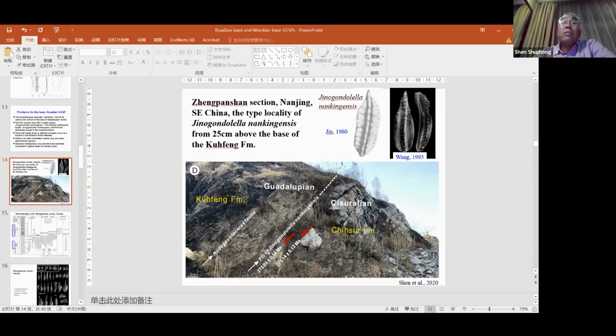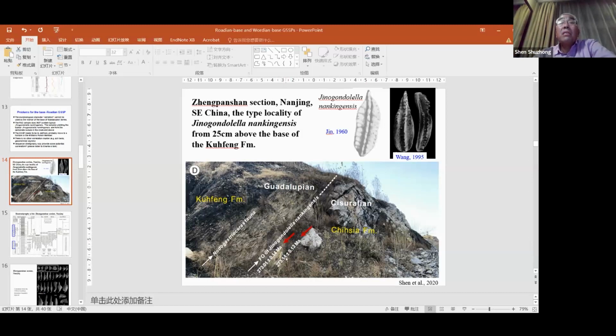Near the first occurrence of Jinogondolella nankinensis, there are 2 distinct ash beds here. We dated these 2 ash beds between the Qixia Formation and the Gufeng Formation, and we got a very good high precision uranium-lead age, which is 273.14.